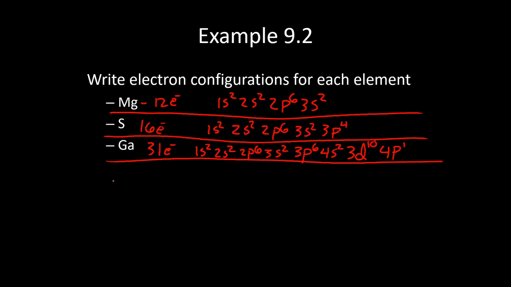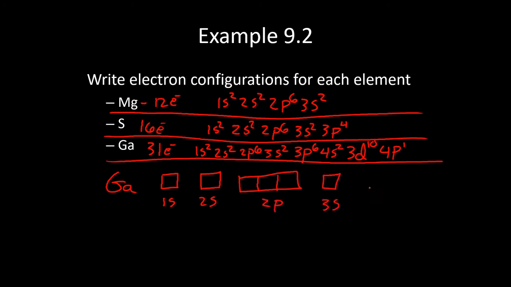So then the gallium, which has 31 electrons, is going to take up more than one row here just because it's bigger. So we have the 1s, the 2s, 2p, 3s, 3p, 4s is after that.